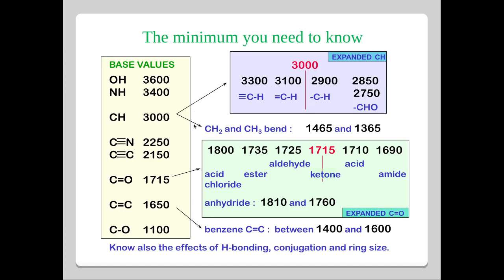Then again, for CH bands, for methyl and methylene functional groups, the CH bending vibration usually happens at around 1465 and 1365 centimeter inverse respectively for CH2 and CH3. Then nitrile systems, C triple bond N, come at around 2250 centimeter inverse.